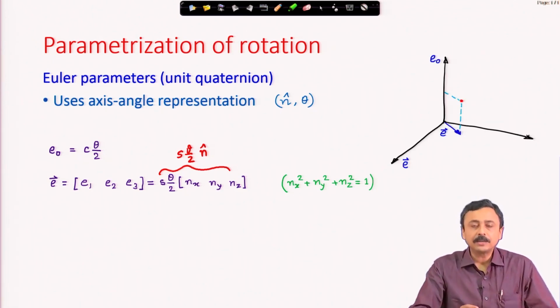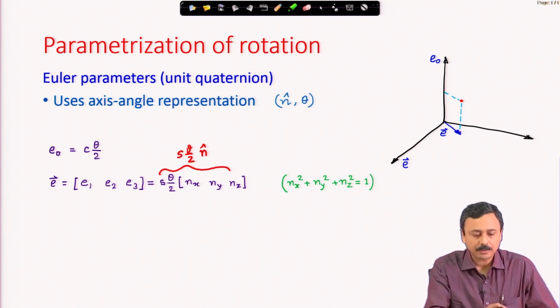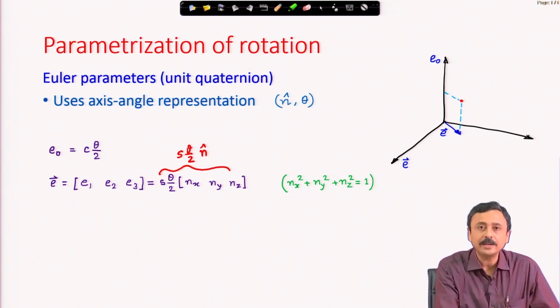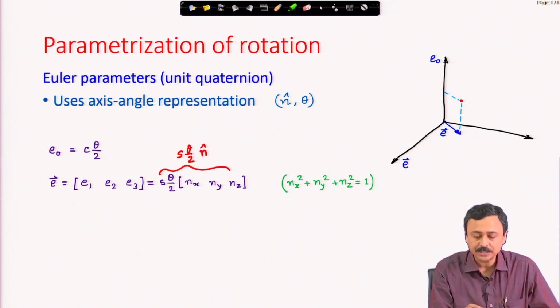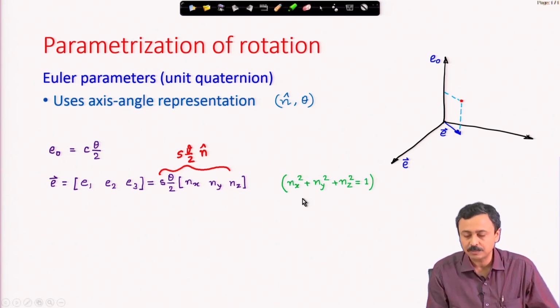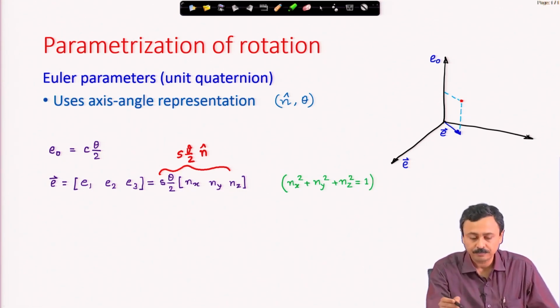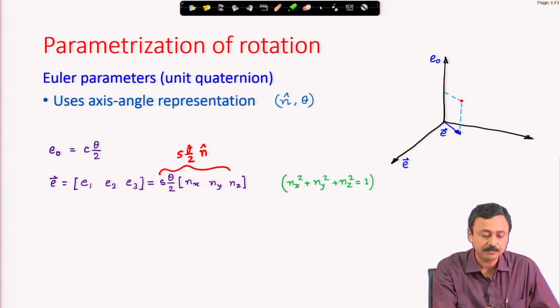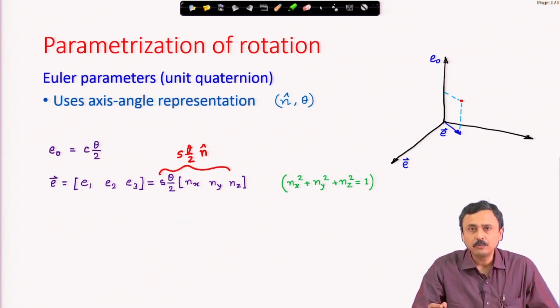Now, there are this E 0 and E vector. So, 4 parameters. Of course, there is a constraint as I have written here, n x square plus n y square plus n z square is 1. So, it has 3 degrees of freedom. Nevertheless, we have 4 parameters, and to visualize this I cannot draw a 4-dimensional space.